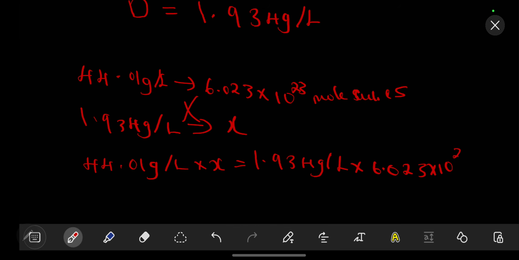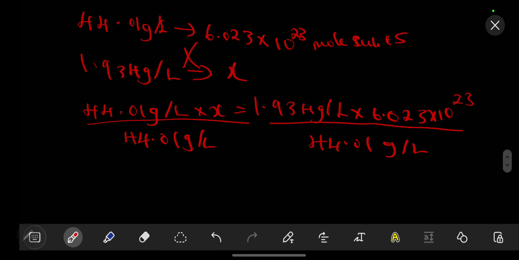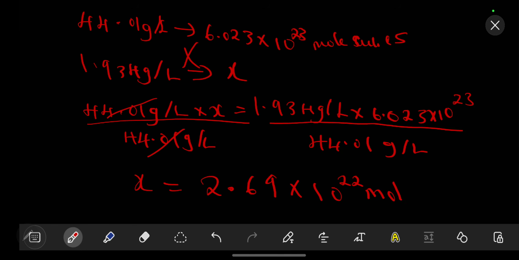So we divide by 44.01 grams per liter. When we divide this, we end up with our x value equal to 2.69 times 10 raised to the power 22 molecules per liter.